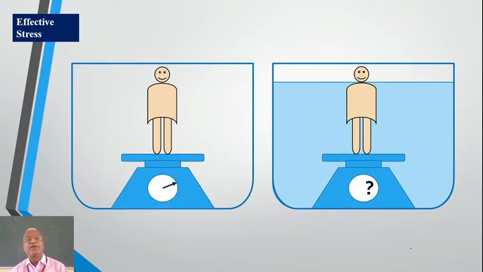Will it remain the same or will it change? In air, he had a weight of, let us say, 600 newtons. 60 kg means approximately 600 newtons. So will it be 600 newtons only when the water rises up to that level, or will it be less?